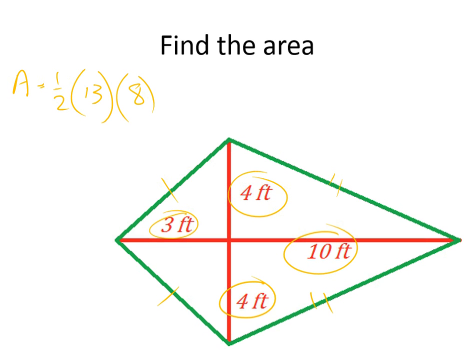So we'll go 1/2 times 13 times 8, which gets us about 52 feet squared. So see, kites and rhombi, or rhombuses, are the same formula: d1 times d2 divided by 2.